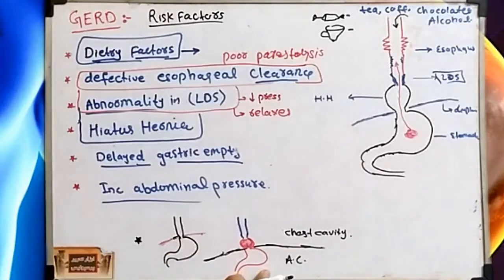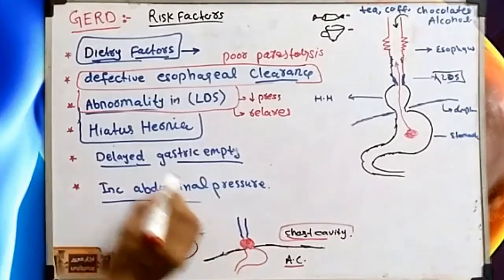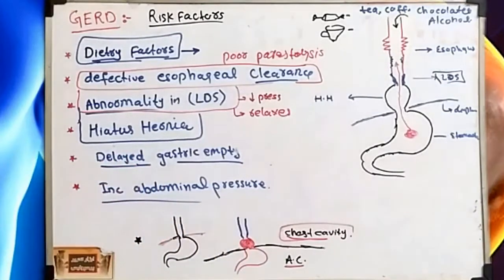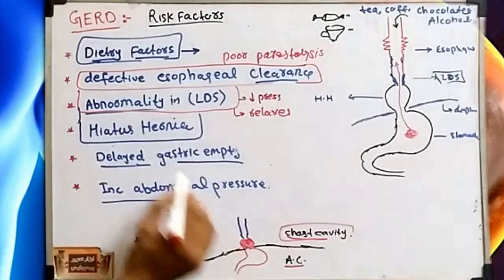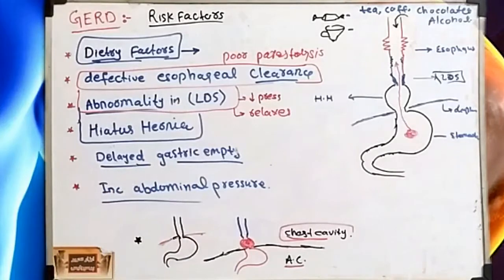But in this condition, in hiatus hernia, this part of the stomach will move from the abdominal cavity to the chest cavity. This condition is simply called hiatus hernia. The protrusion of a small part of the stomach into the chest is called hiatus hernia.